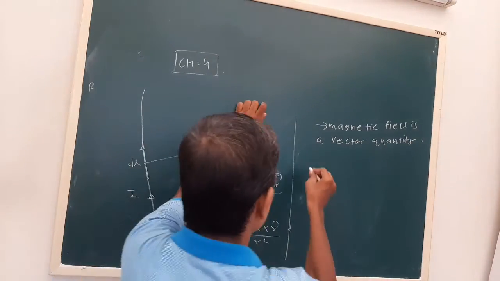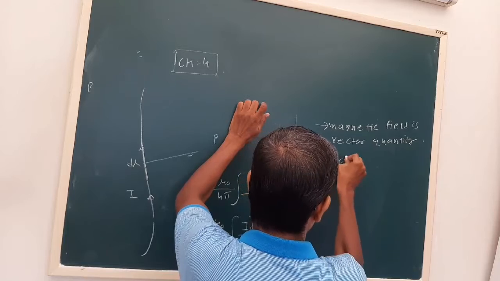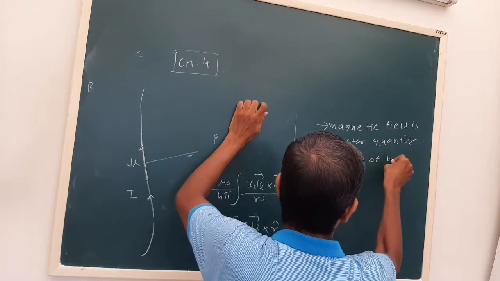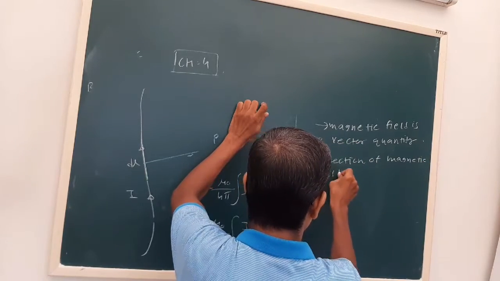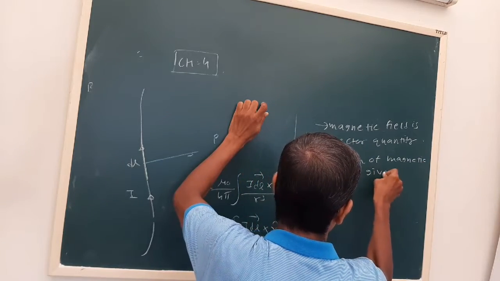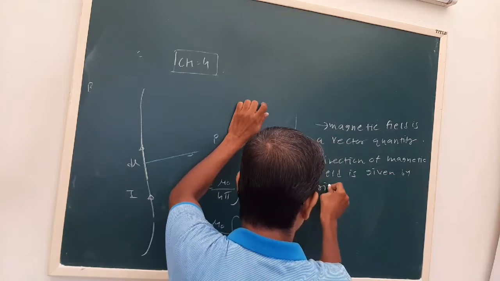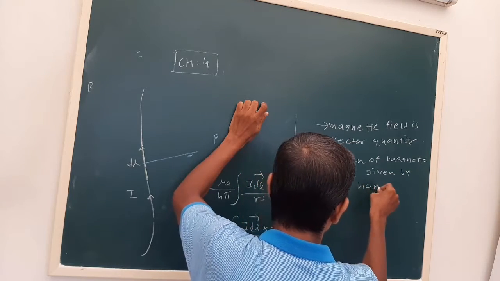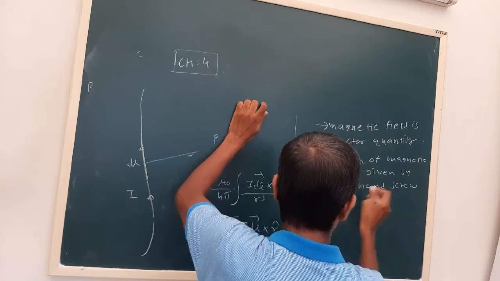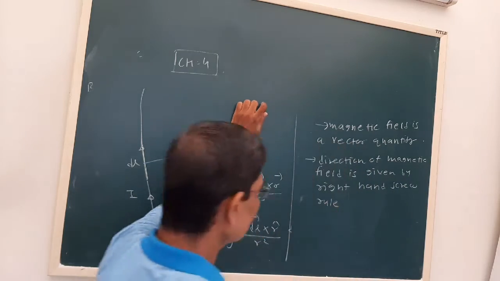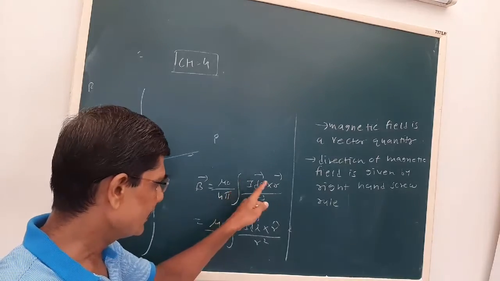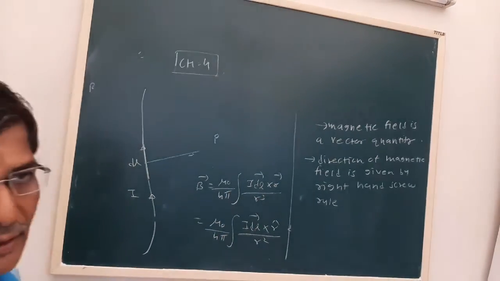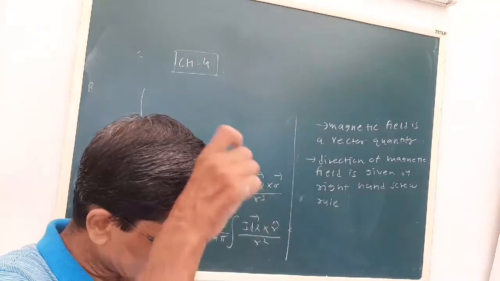The direction of the magnetic field is given by the right hand screw rule. So it will be in a direction perpendicular to the plane formed by IdL and R. That is a property of the vector product you studied earlier.